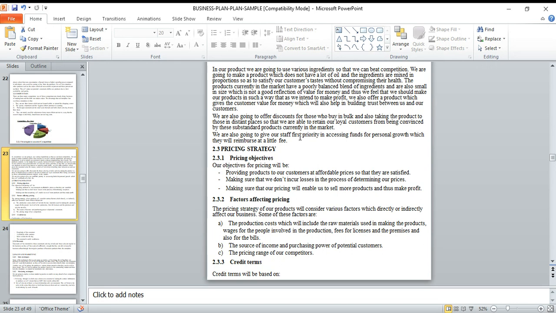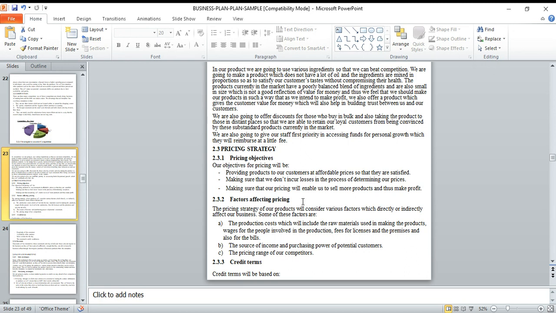And you can see how I'm organizing my work. There's the title, the subtitles, and we have listed them according to how they flow. So the arrangement of content is very clear. Then factors affecting pricing.